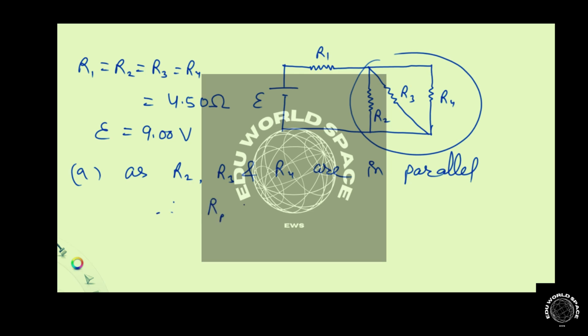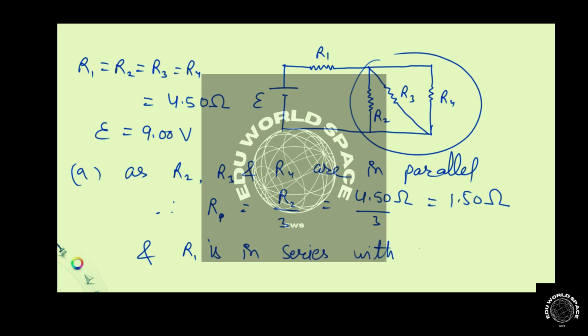So their net parallel combination value Rp will be given as either of the three, means R2, divided by the number, and that is 3. So this is 4.50 ohm divided by 3, which comes out to be equal to 1.50 ohm. Now R1 is in series with this parallel combination Rp.